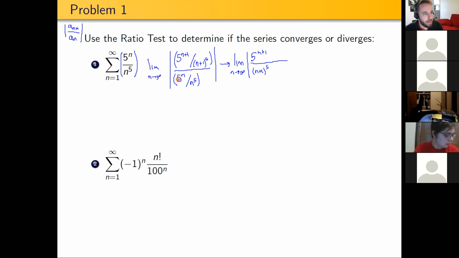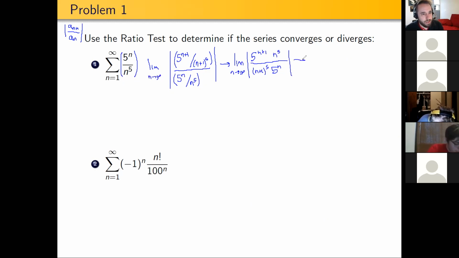And then down here, I've got the 5 to the n. That is in the numerator of our denominator, so that should really stay in the denominator of our final fraction. And then the weird one, the denominator of our denominator, the n to the 5th, that would come up here to our numerator.